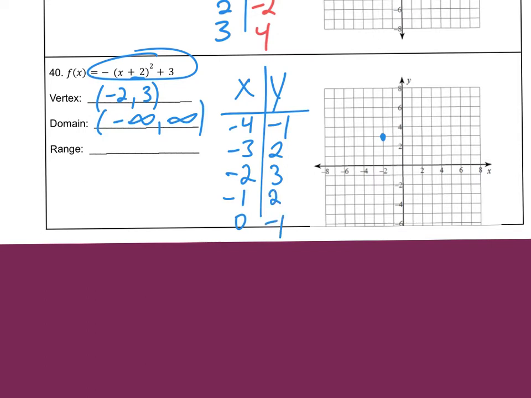Plot these points: (-4, -1), (-3, 2), (-1, 2), (0, -1). Got an upside down U, just like that. Range looks like I'm starting at -infinity, right, because those arrows are going down forever, and I'm ending at 3.